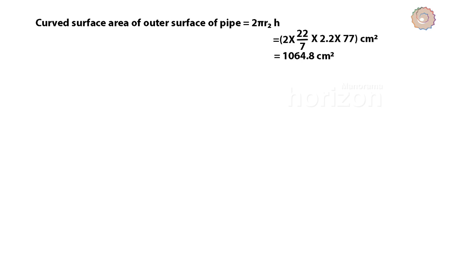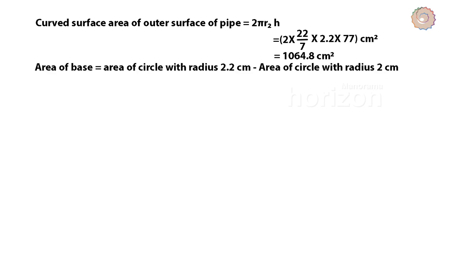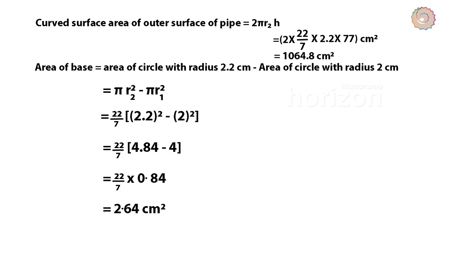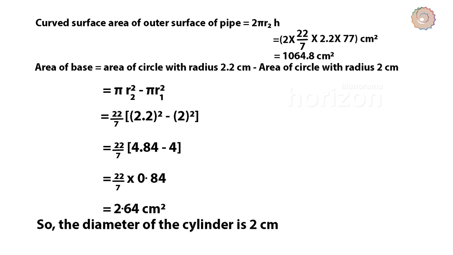Plugging in the values, we get 1064.8 centimeter square. Now, area of the base is equal to the area of the circle with radius 2.2 centimeter subtracted from the area of the circle with radius 2 centimeter. That is pi r2 square minus pi r1 square, that is 22 divided by 7 times, in brackets, 2.2 square minus 2 square. Solving the same, we get 2.64 centimeter square.